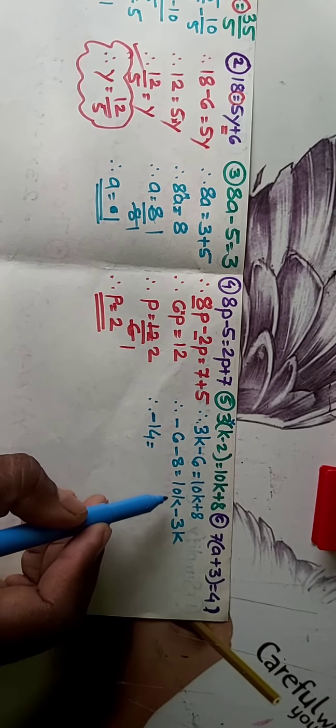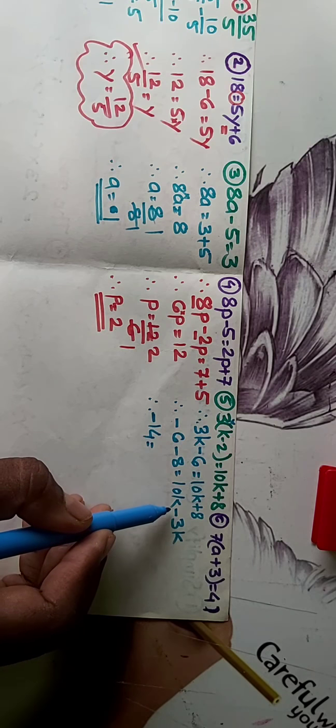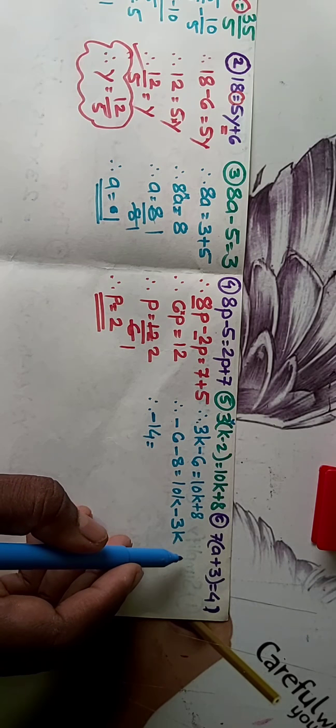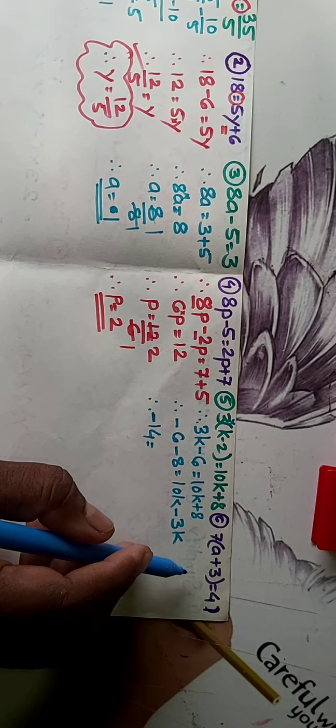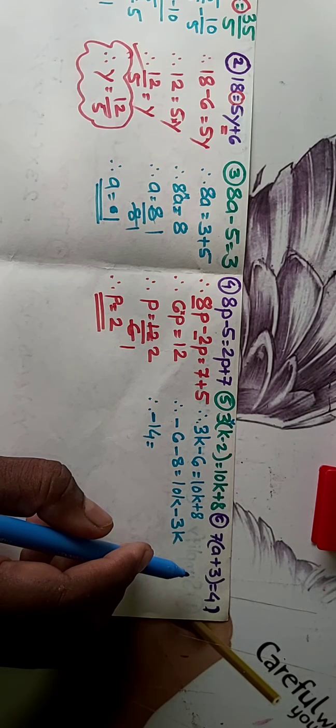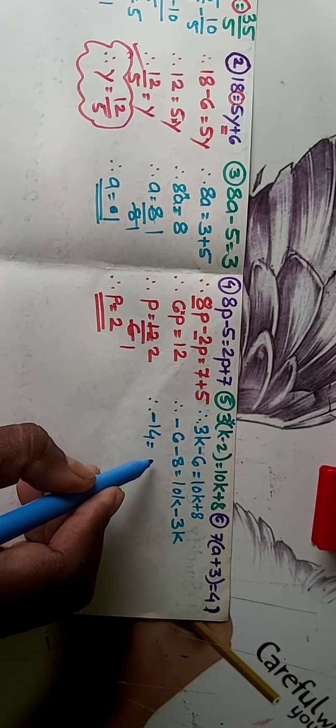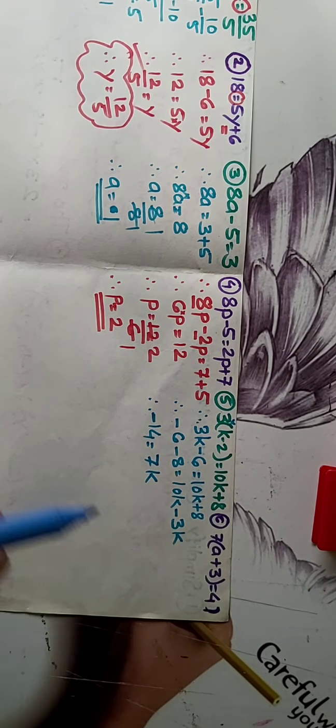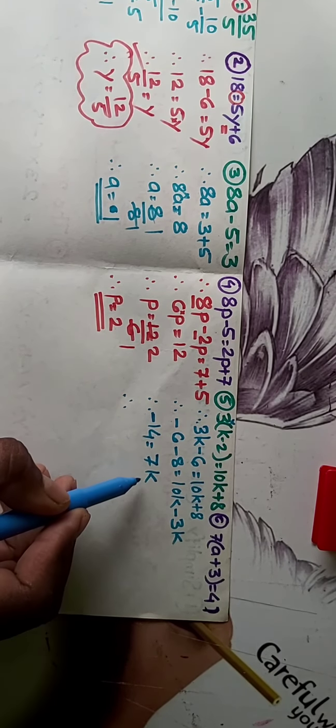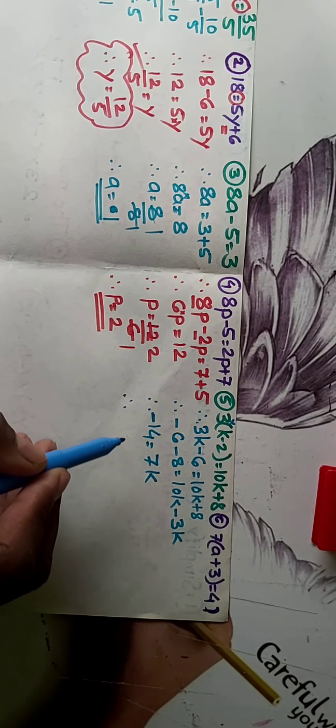Is equal to now 10k minus 3k. Okay, 10k minus 3k, that is 7k. Therefore now we have to find the value of this variable k.